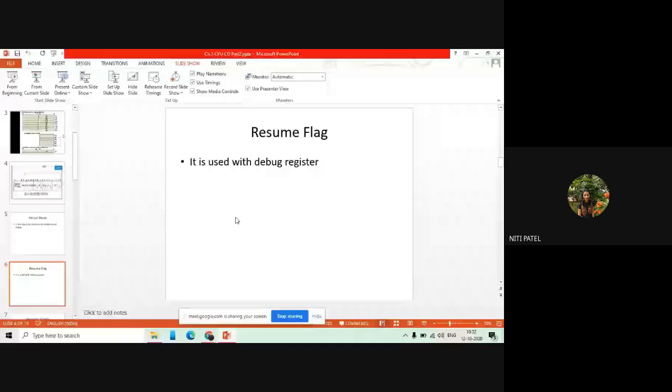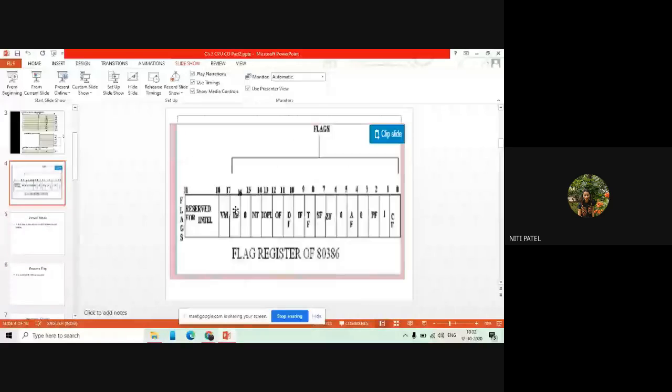If this flag is set to 1, my program is getting debugged. Debug means each and every line is being observed. If it is set to 0, it is not going to perform any debugging. It will just execute the program entirely and generate the result to the user.